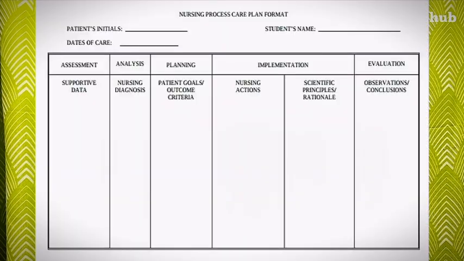In writing your evaluation, it will be goal fully met or goal partially met. For instance, if my body temperature was high, that's a patient problem. And after all my interventions or implementations, as you can see on your screen, the next intervention on the care plan is the same as the implementation phase, putting into action the orders and the plan to achieve your aim. If at the end of the day, my patient's body temperature has not come down, at my evaluation column, I must write goal partially met.